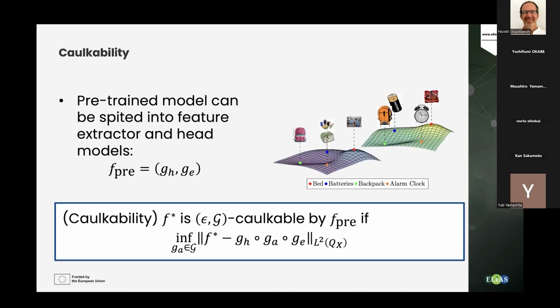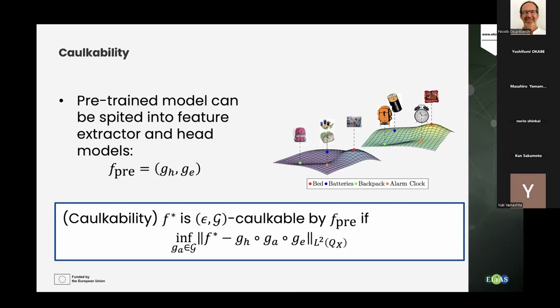The condition is named chokeability, where we assume the pre-trained model can be split into a head model and a feature extractor model, which combined result in the pre-trained model.